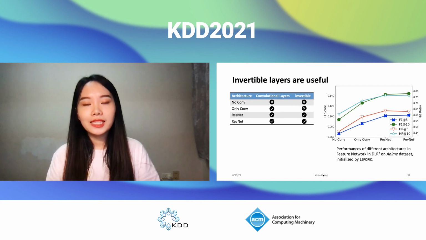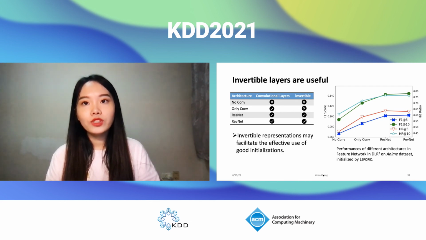In order to investigate the effects of invertible representations in DLR², we create a RevNet variation of the network, which is guaranteed to produce invertible features. We compare the RevNet variation and the original ResNet architecture in DLR². We note that RevNet achieves comparable performance, which suggests that learning invertible representations may facilitate the effective use of good initializations.